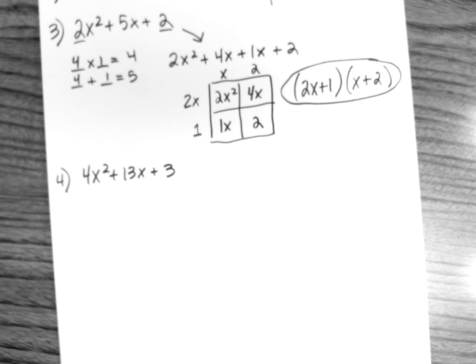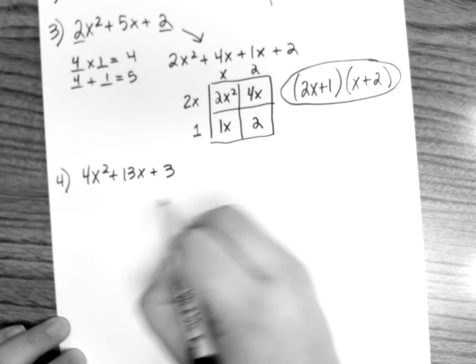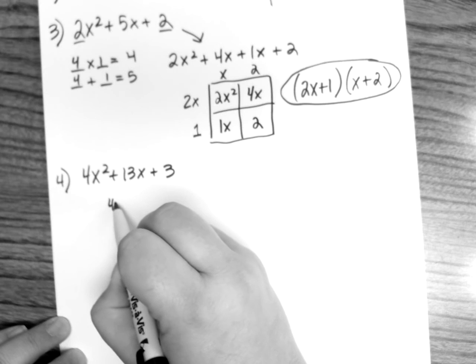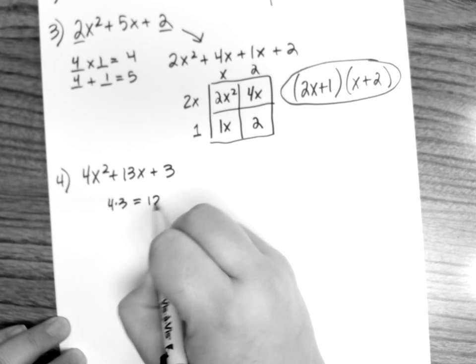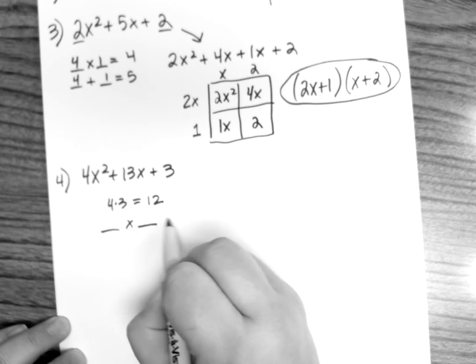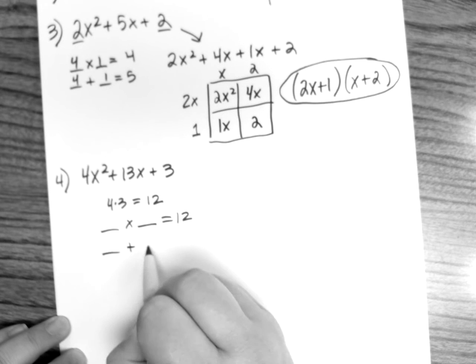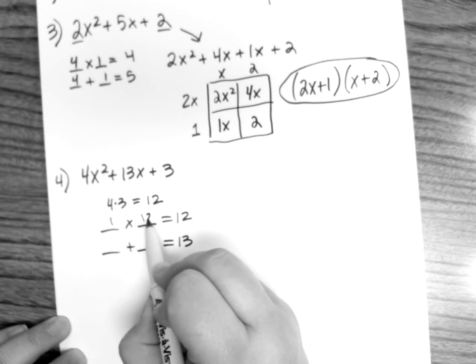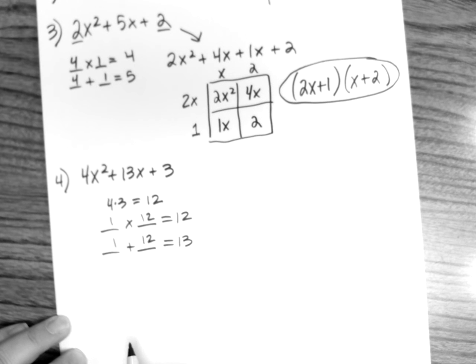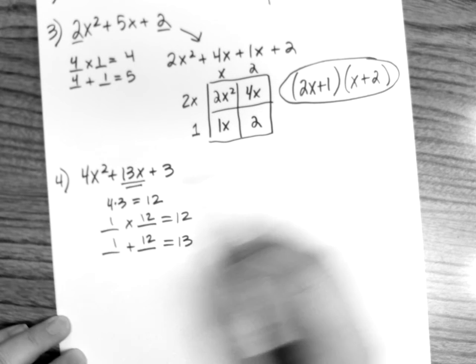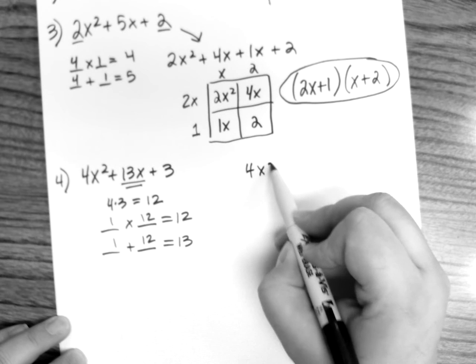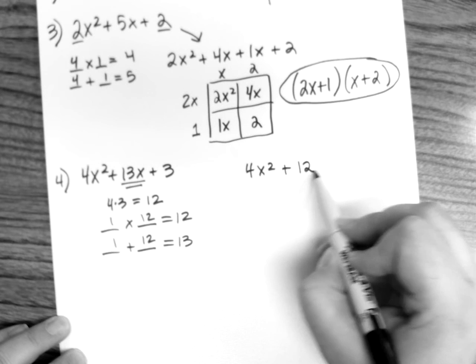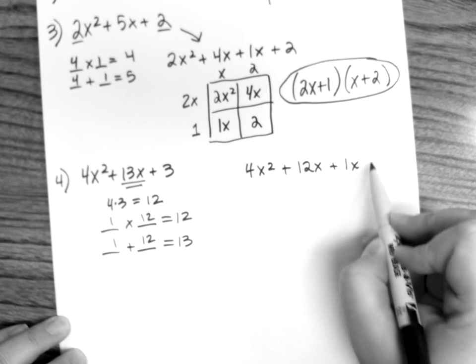I'm going to start by multiplying 4 times 3, and that gets me 12. And so I want 2 numbers that multiply to give me 12 and add to give me 13. That would be 1 and 12. So I'm going to break up this middle term, the 13x, into 1x and 12x. Doesn't matter what order.